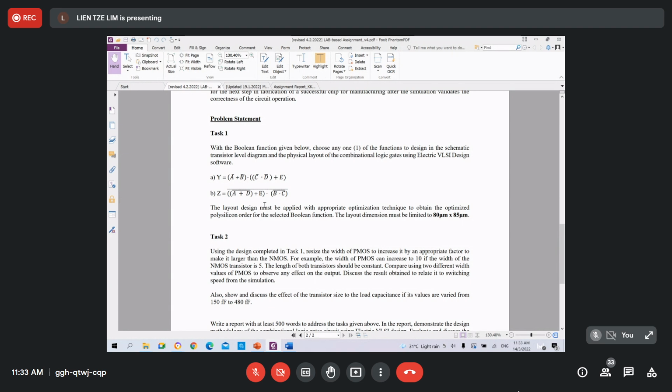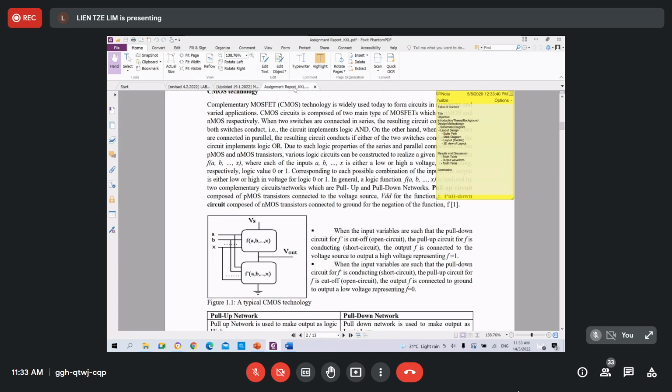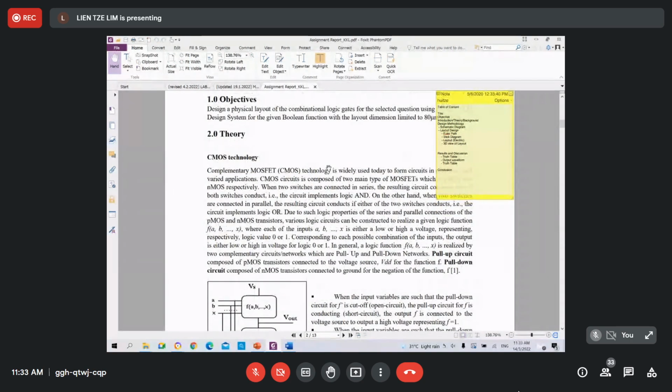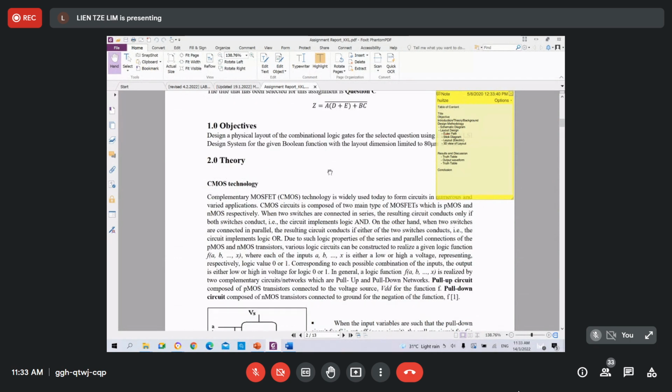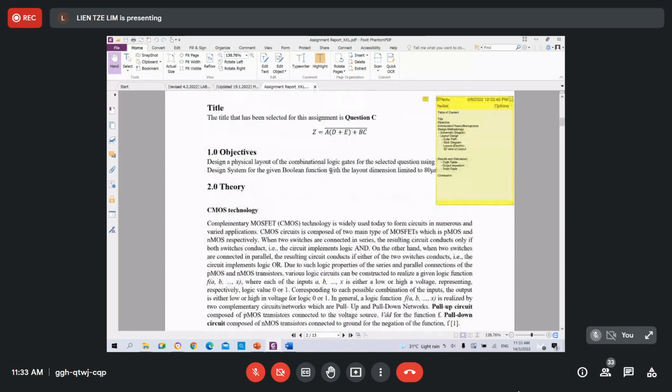How to verify? I have a sample report, I will show you, then you know what you can include in this report. All these can help you gain the mark, including the simulated result and how you compare it with the theory.